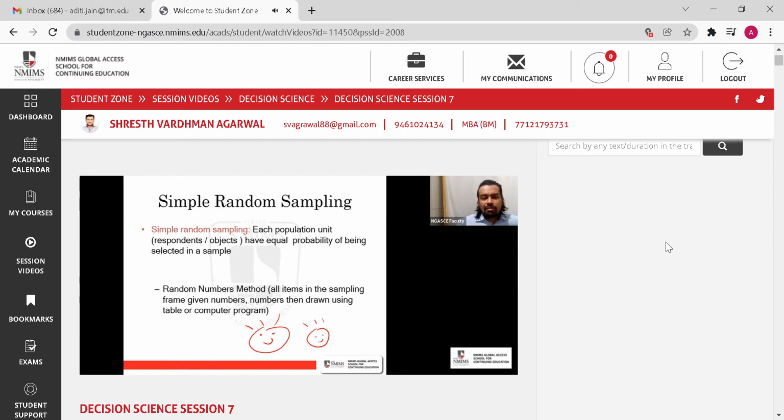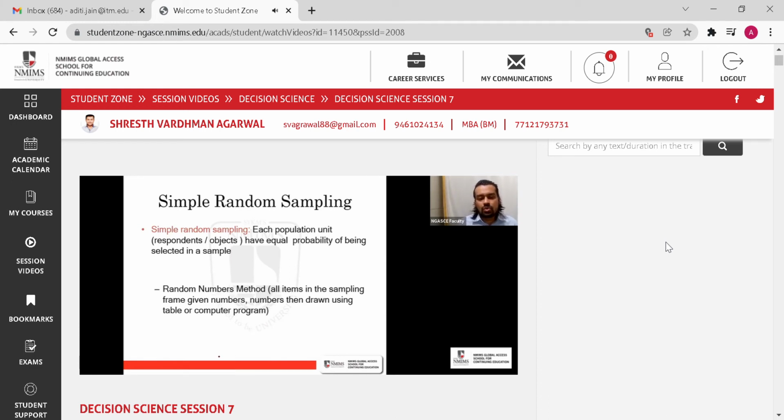Coming back to our discussion: if this is our population and we want to draw a sample that looks like the population, we need to select the sample through some sampling plans. Here we are going to discuss how we should select the sample. There are various approaches.